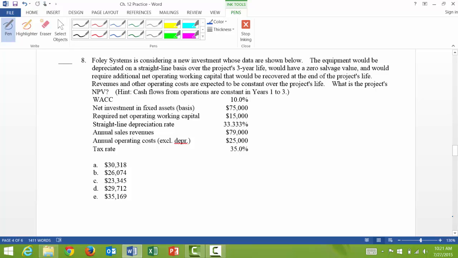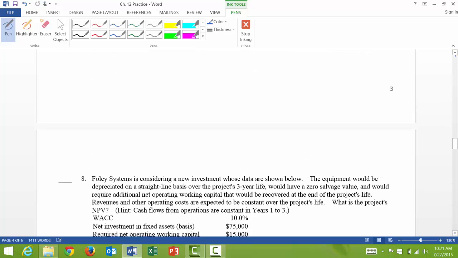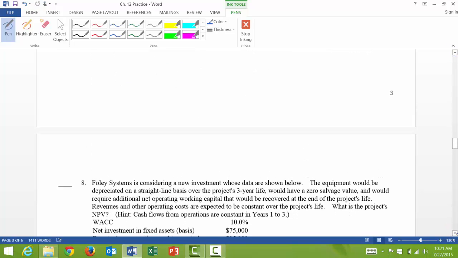Okay, so we need to start out, and I'm just going to scroll down so I have more room.